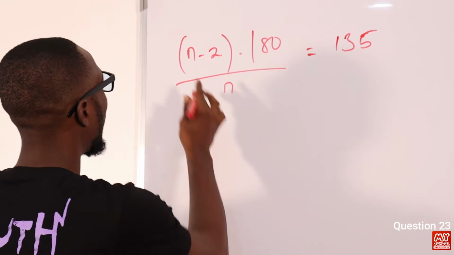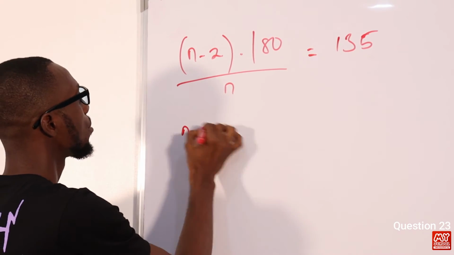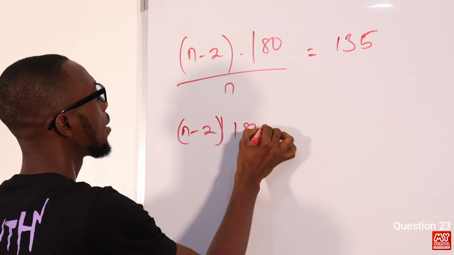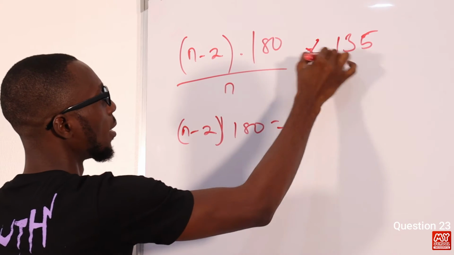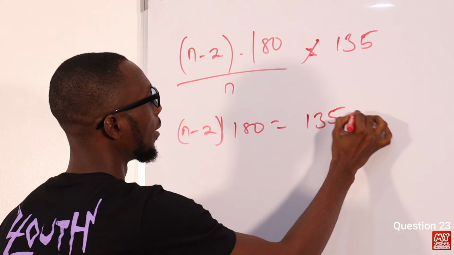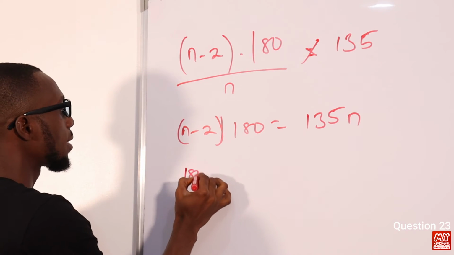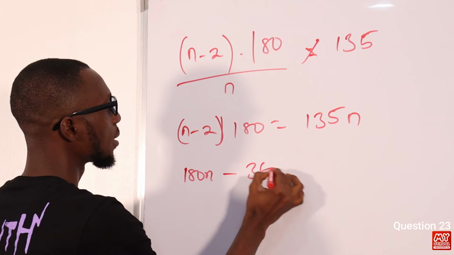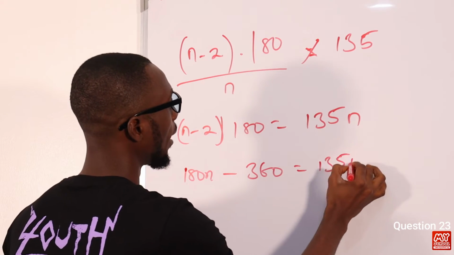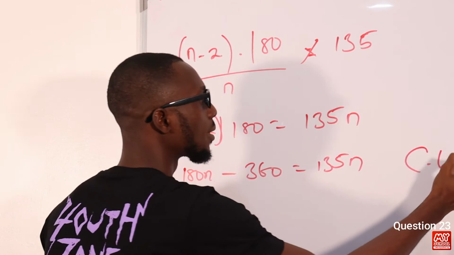Okay, so that is n minus 2 into brackets 180 equals, if this goes here, that will be 135n, isn't it? So when we open up the bracket, we have 180n minus 360 equals 135n. What can we do? We can collect like terms.